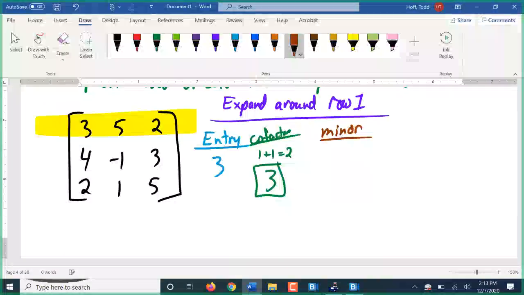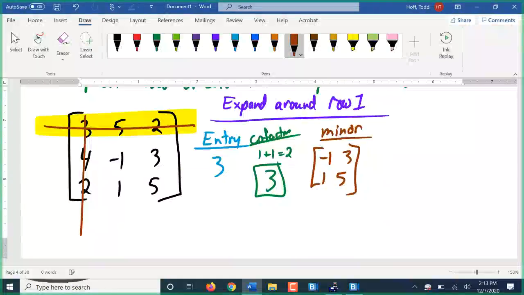The minor, if I cross out the row and column for the 3, is negative 1, 3, 1, 5. Now I'm going to need the determinant of that, so I do my down diagonal. Negative 1 times 5 is negative 5. My up diagonal, 1 times 3 is 3, so negative 5 minus 3 is a negative 8.